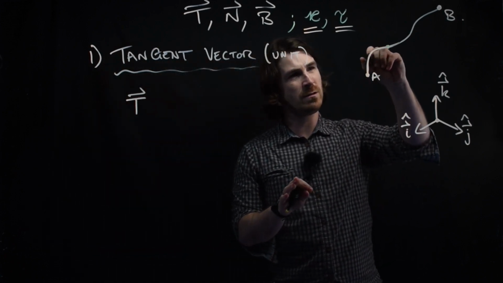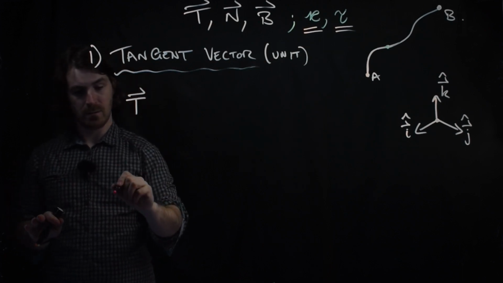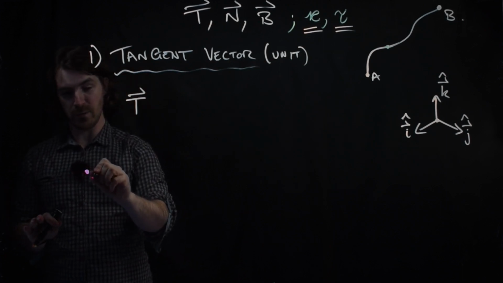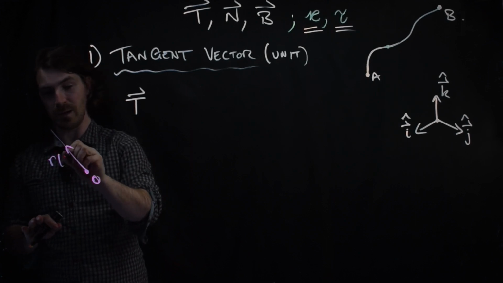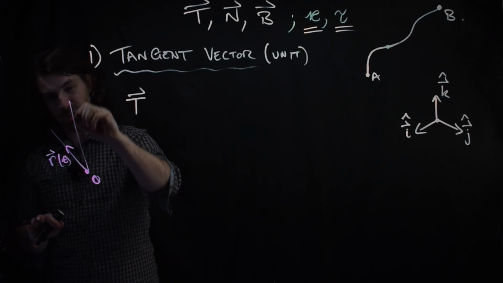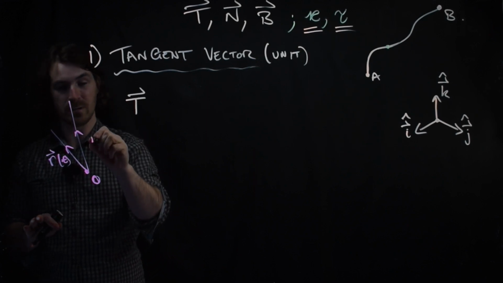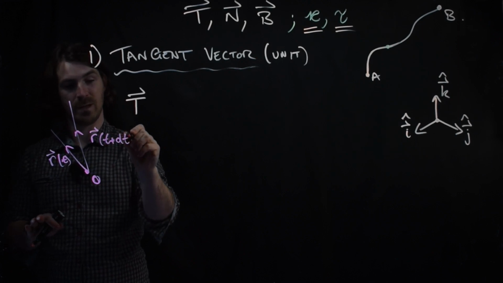At this point, maybe we can start again actually. So let's have an origin. We have r at time t, or parameter t, and then we said let t move on a little bit so that we get r(t plus some infinitesimal time dt).